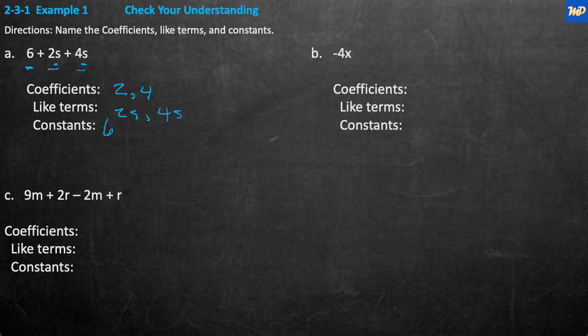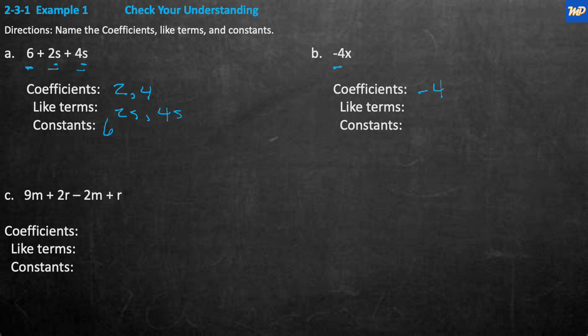Let's look at this. Minus 4x. What is our coefficient? Well, our coefficient is -4. That is a multiplier of the variable. Coefficients multiply the variables. So our coefficient here is -4. The like terms, there's only one term in the whole problem here.